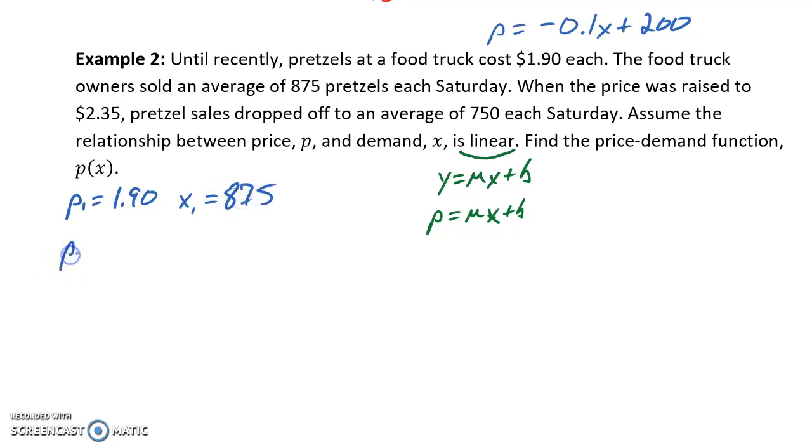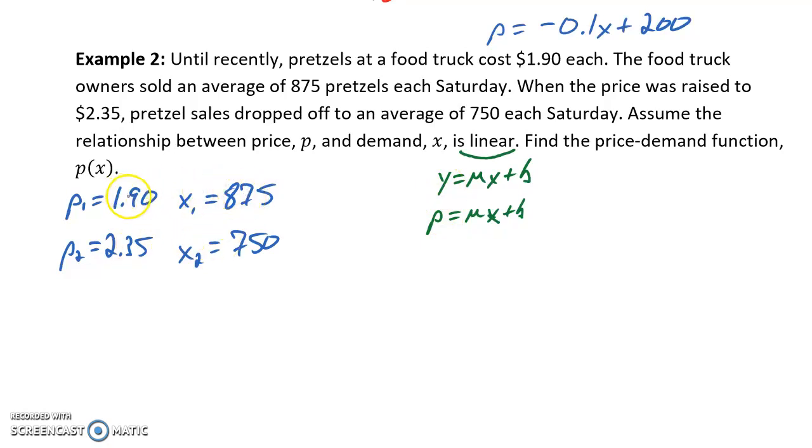And then at the second price point, P2, which was $2.35, that demand, or those sales, dropped to 750. So if we look at that setup, thinking about the fact that in place of y we're using p, what we have are essentially two coordinate pairs.